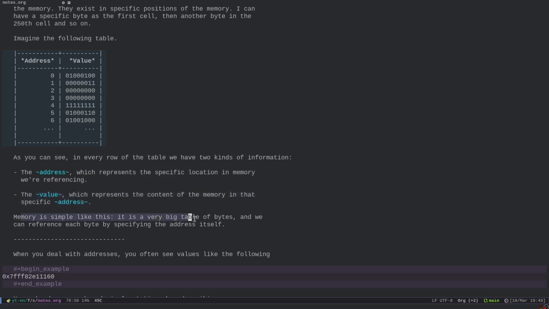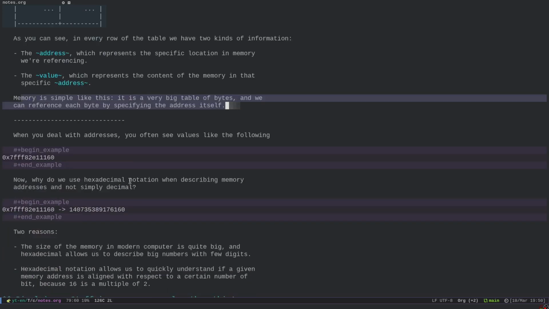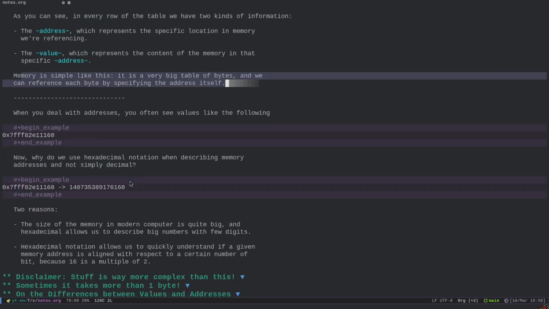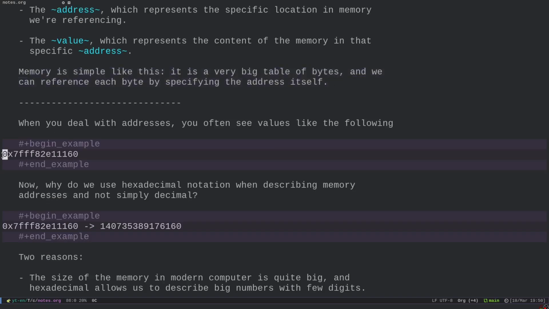So memory is just a very big table of bytes where each byte has its own address. So basically that's the main intuition I want you to have at this point. Memory is just a bunch of bytes, each byte has an address. Now, when you deal with addresses, you often see values like the following, like this one, consider this one.